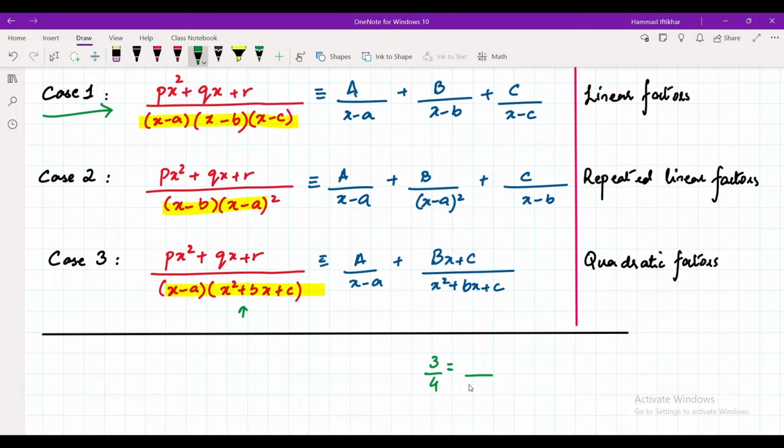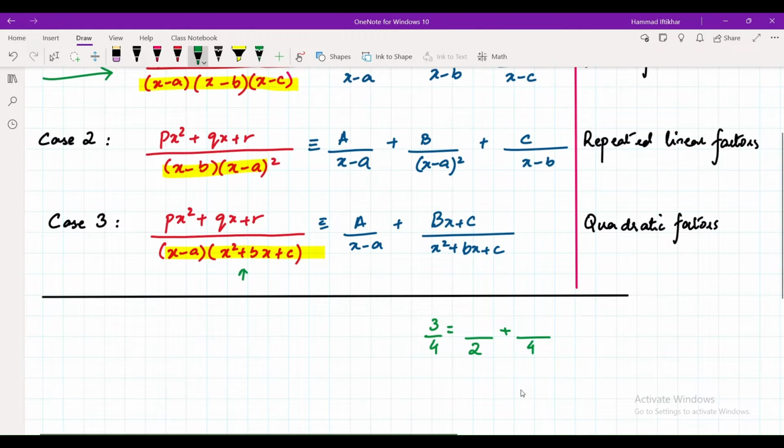We need to consider one with a 2 and one with a 4, because 2 squared is 4. So two possible answers: either it's 0 over 2 and 3 over 4, which is very easy to deduce, or if we keep both of them as 1 and 1, we would get 3 by 4, since half plus quarter is 3 by 4.